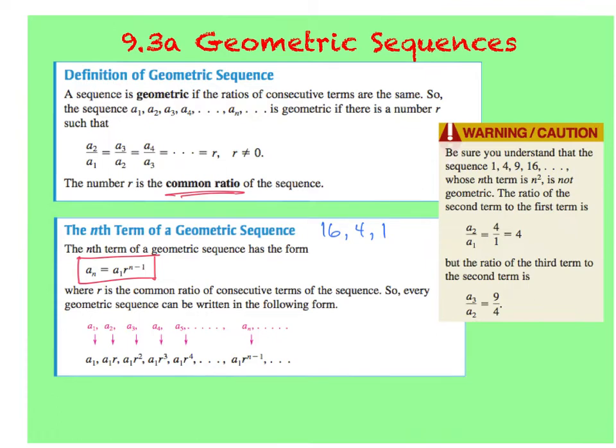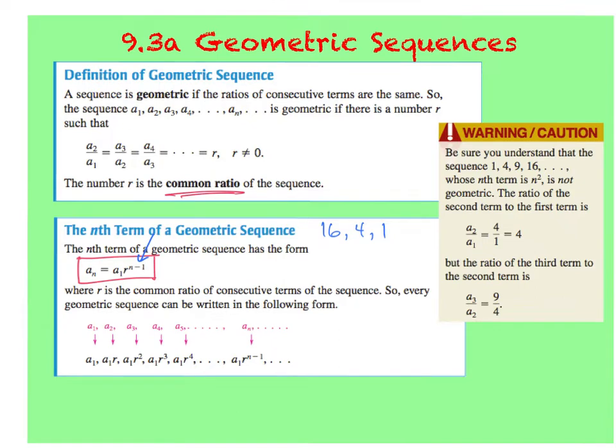Now, it's to the power of n minus 1 because in pre-calc we most times start with the first term instead of the 0 term. If you substitute in 1, you get r to the power of 0. And r to the power of 0, no matter what r is, is still what? 1. So you're left with a sub 1. All right, so that's why it's an n minus 1 instead of just an n.